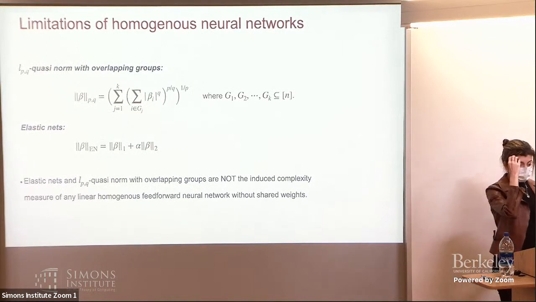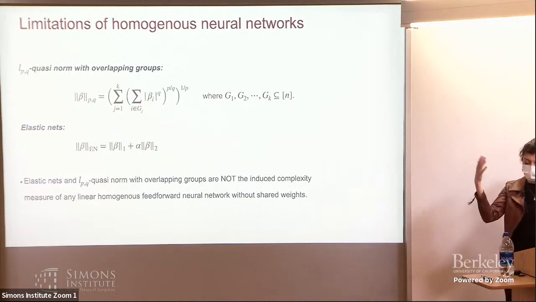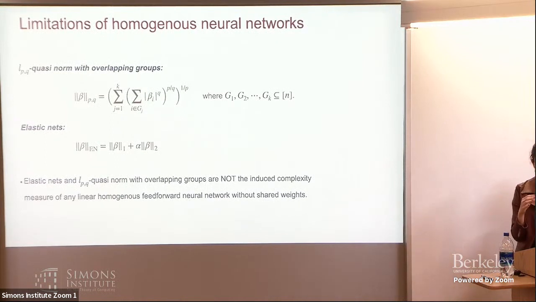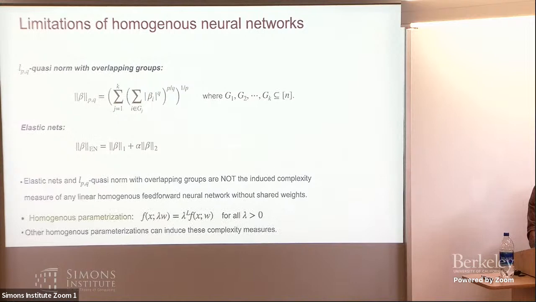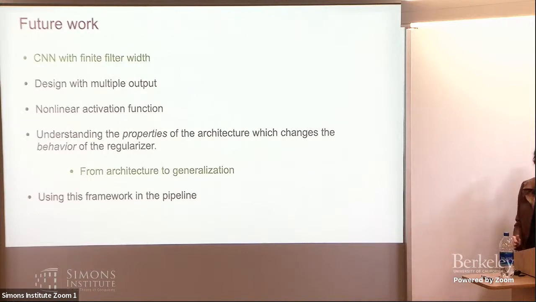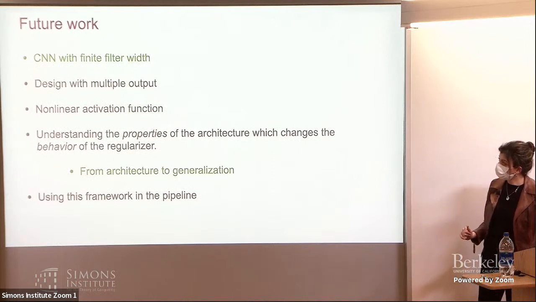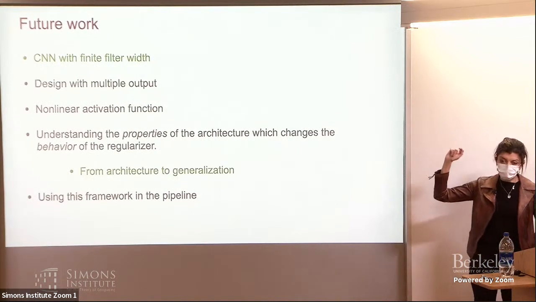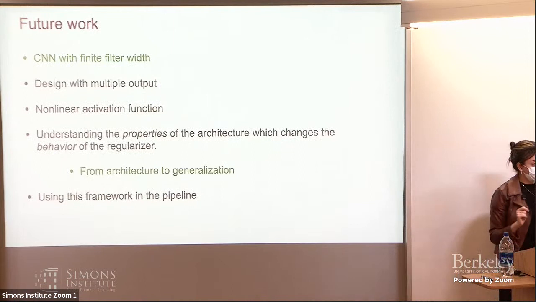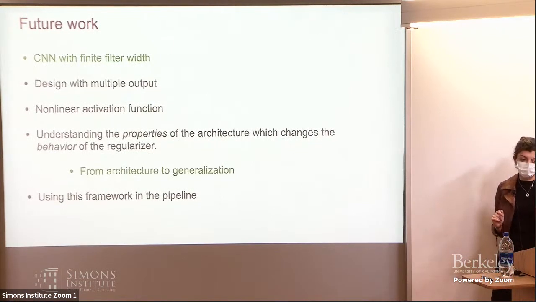So there are certain cases. The general case is also interesting: what are the regularizations that can be achieved with the homogeneous parameterizations and what are the ones that cannot. So overall, some of the future work that I find interesting and important, the most pressing one might be the representation cost of convolutional neural networks with finite filter width.